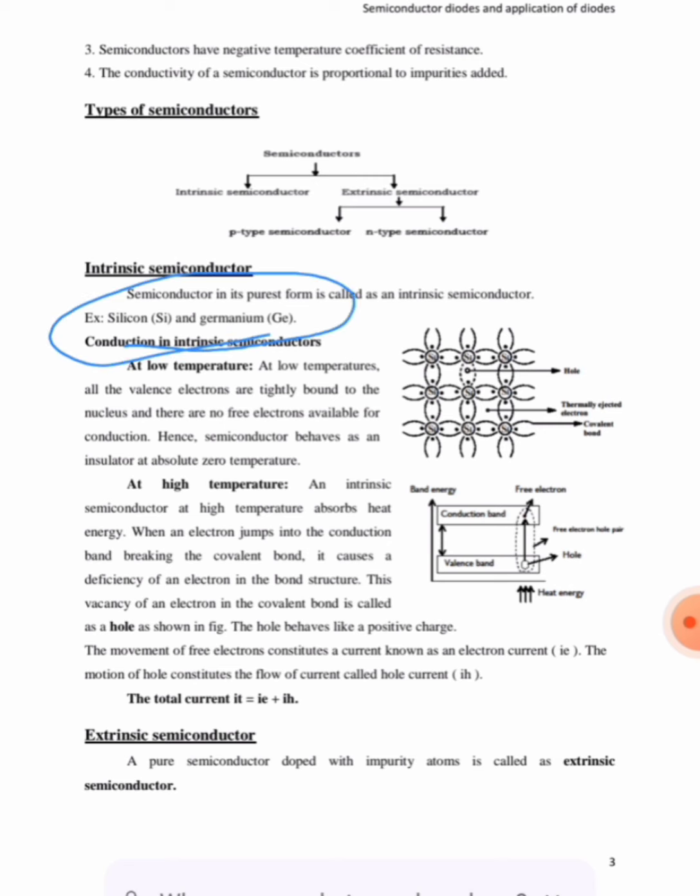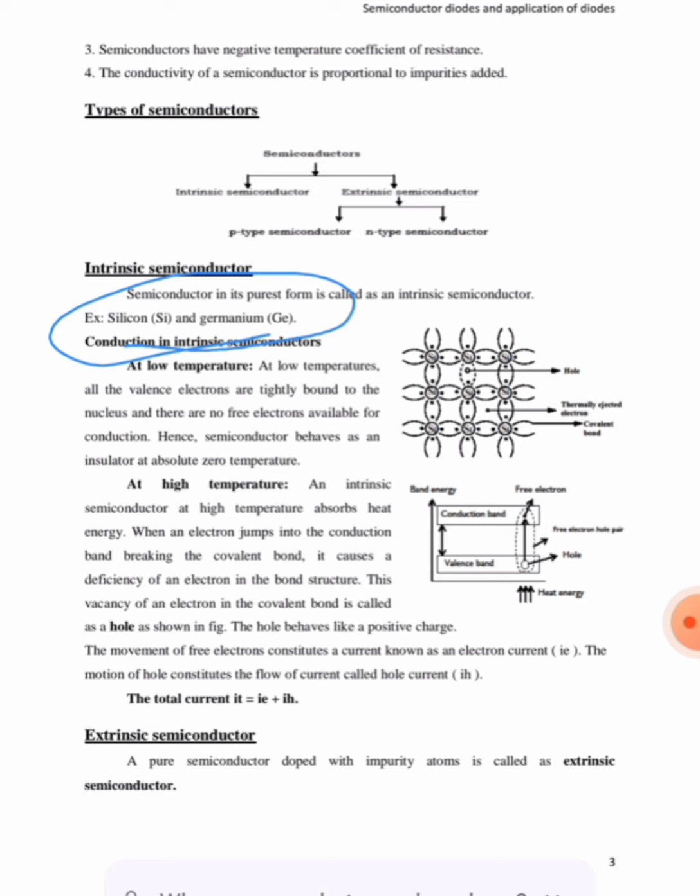Any particle containing only silicon atoms or only germanium atoms is called an intrinsic semiconductor. That is, a semiconductor in its purest form, without adding any other atoms or any kind of impurities, is called an intrinsic semiconductor.